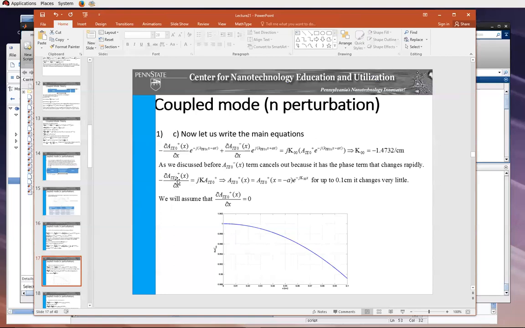If we look at this, it will just boil down to this simple equation, and that will tell us that TE0 will be determined by this along the propagation direction x. And up to 0.1 centimeters, it changes very little, so we can really assume that TE0's amplitude is almost not changing at all.